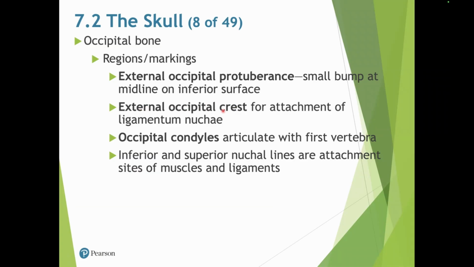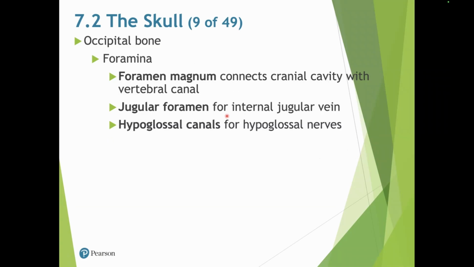That is attachment for the ligamentum nuchae, right? And then your occipital condyles, those are what articulate with that first vertebra, the atlas. C1 is the atlas. Your inferior and your superior nuchal lines are going to be attachment sites for muscles and ligaments.